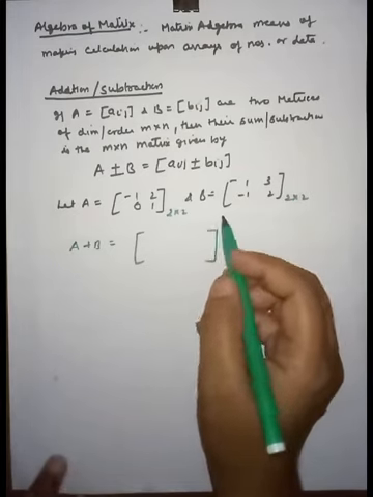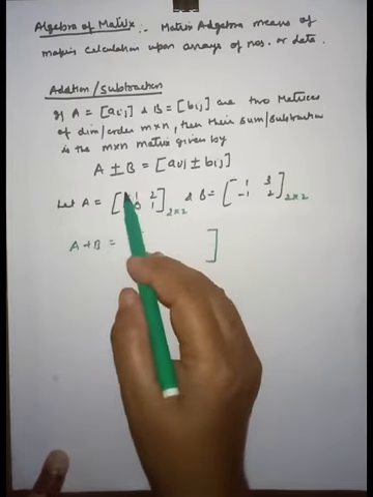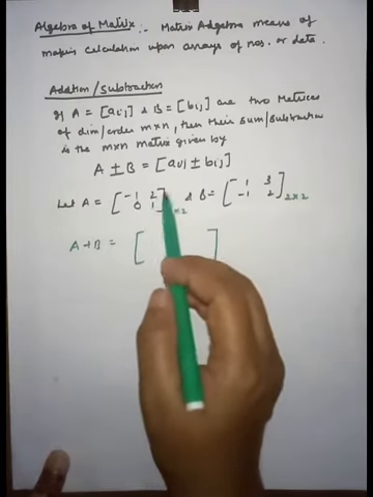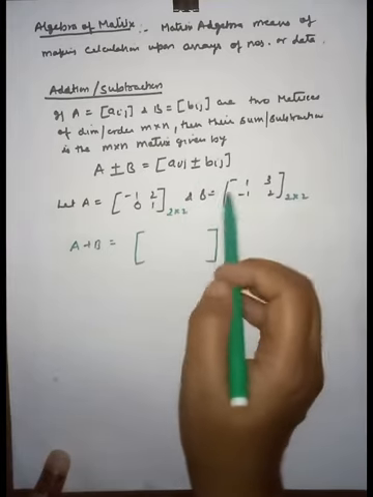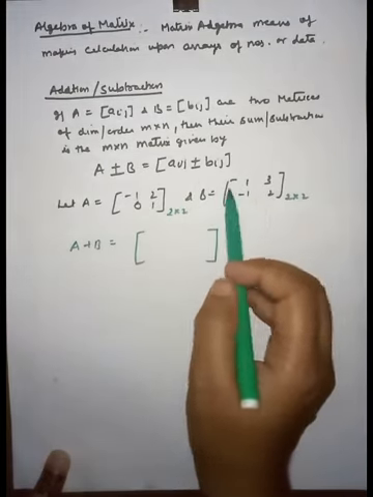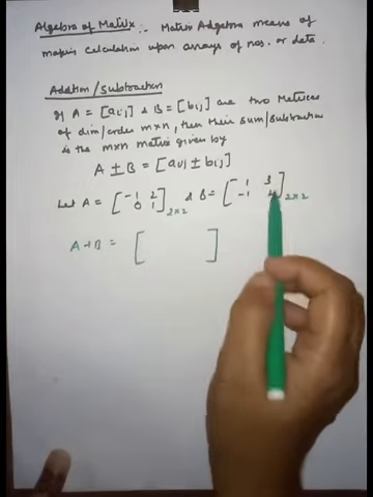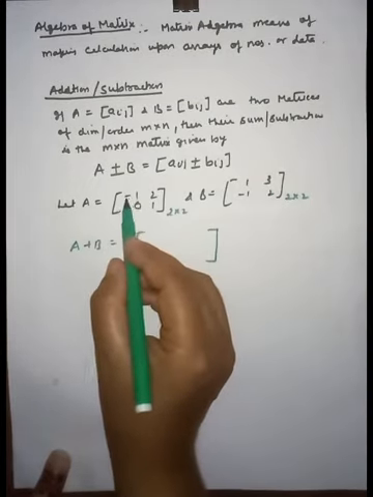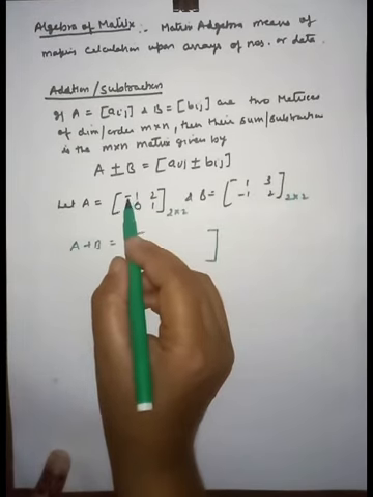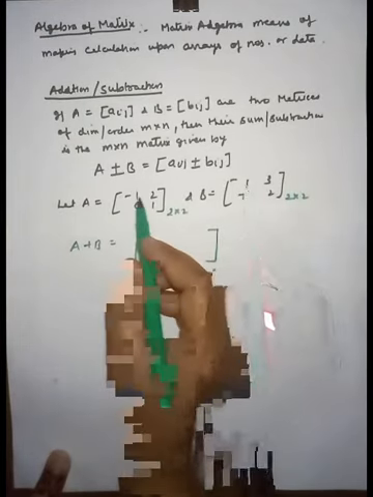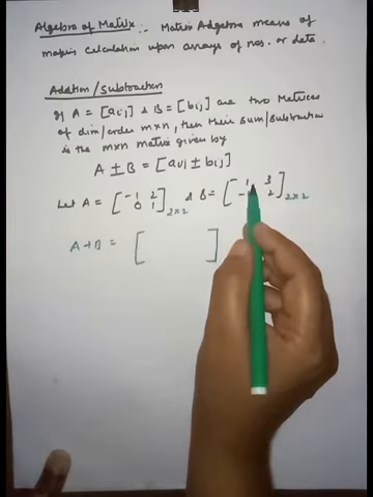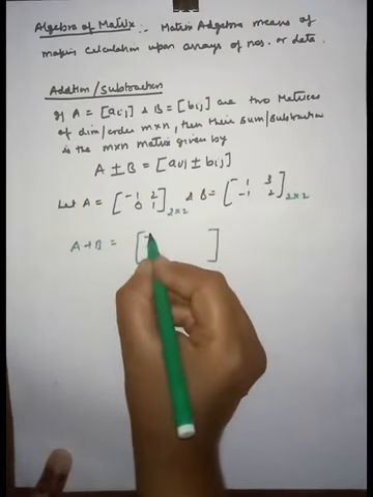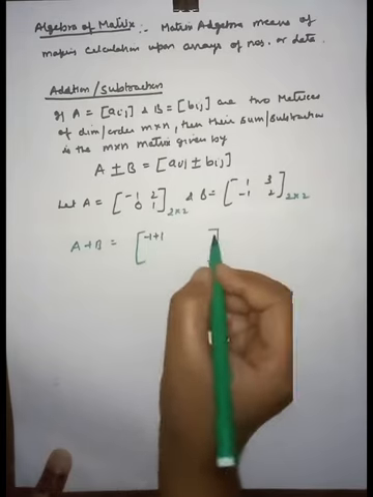Each element of the first matrix is added to the element present in the second matrix. In the first position of this matrix is -1, and the first position in the second is 1. So you write -1 plus 1.